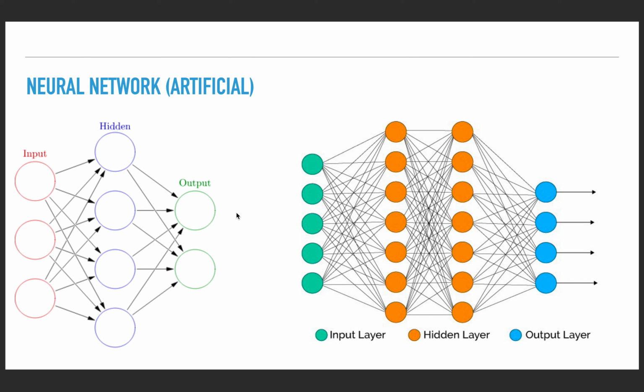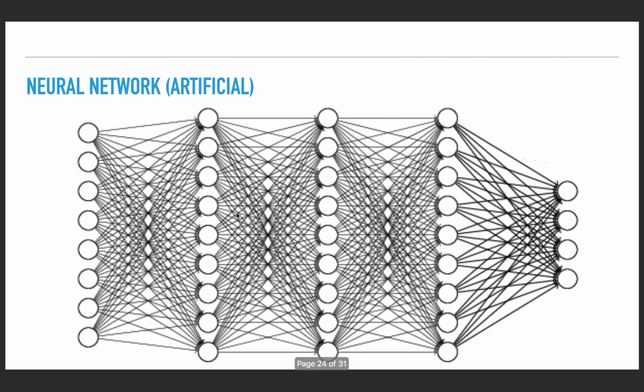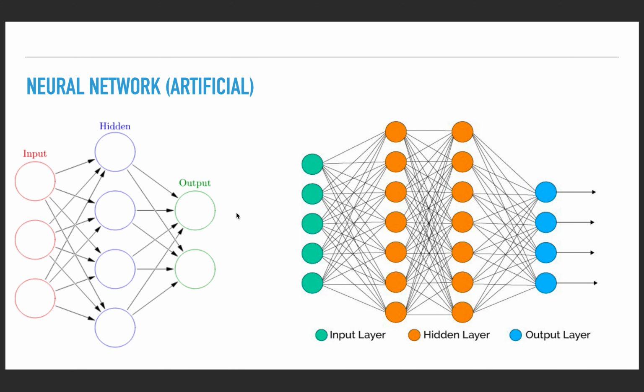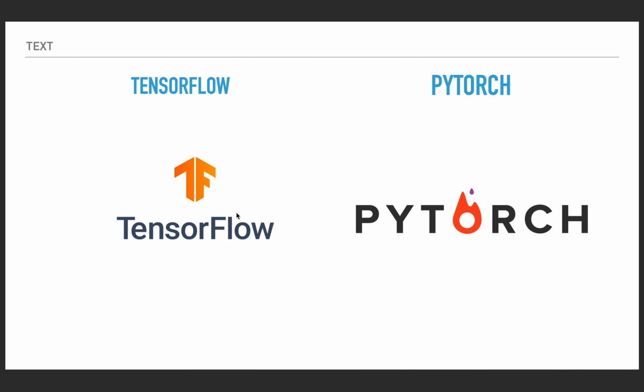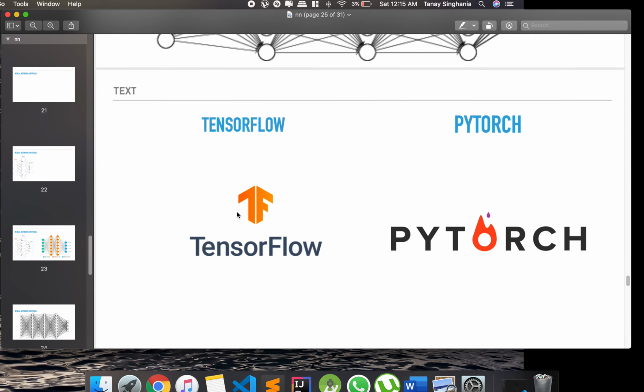If the output is wrong by a certain amount, that would be considered a loss, and the network would tune itself to reduce that loss, and we would minimize that loss. So it would work itself out, and to do that we use TensorFlow or PyTorch. These are basically two libraries that use array and matrix manipulation. A tensor is nothing but an array.